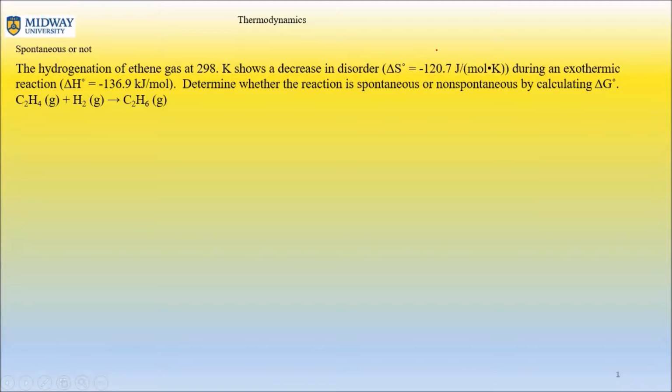So the two other terms we need is entropy, which we have not included in the calculations prior. We've just focused exclusively on enthalpy, and then the temperature, which is also not included in the calculations. So once we put all that information together, we get a numeric value for delta G, which is Gibbs free energy, right?